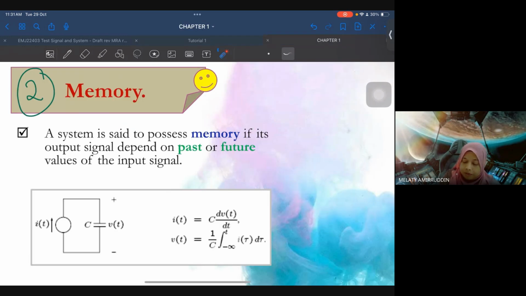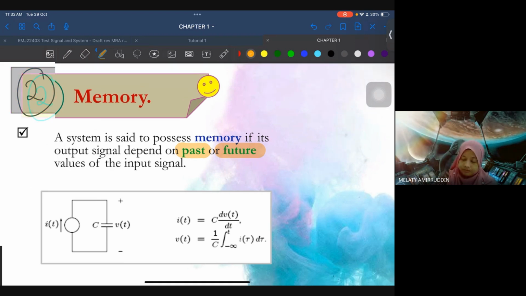And now about memory. Okay, what is memory? Memory depends on the past or future, ke belakang atau ke hadapan. Memory means it depends on the past or the future. It stores the memory. So past and future.